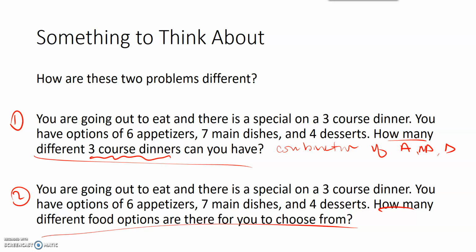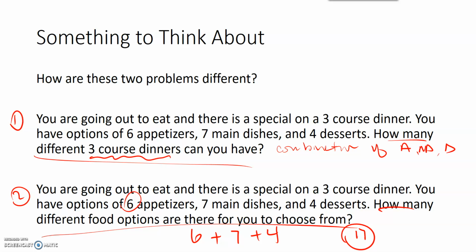Question 2, how many different food options are there for you to choose from? Well, that is just, I have 6 options for an appetizer, 7 for a main dish, 4, and I would just add these together. So really, question 2, the answer is 17. I have 17 different choices of things to eat at the restaurant. Not combinations of how to eat them and put them all together for a meal, just 17 different things that I could eat.